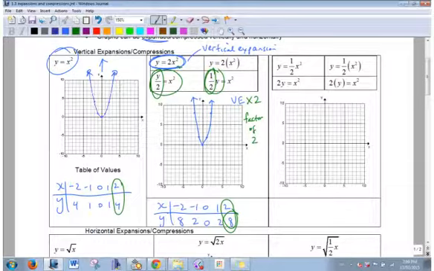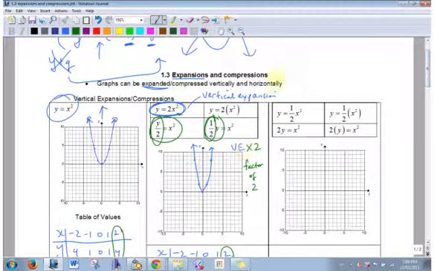2 over 1. So if I said to you, how could I get a vertical expansion of 3? What would I have to do to y equals x squared? What would I have to do to y? Okay?